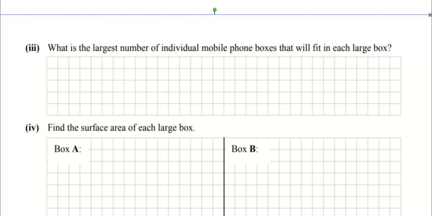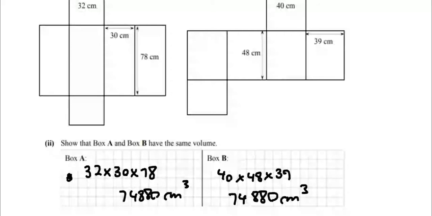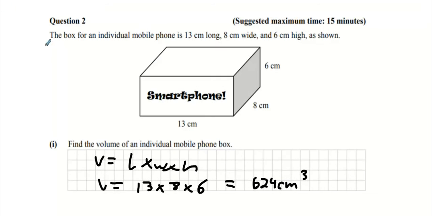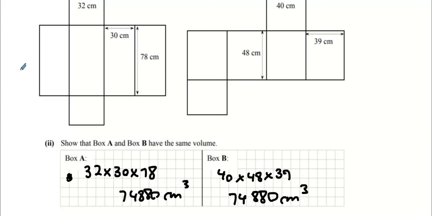What is the largest number of individual mobile phones that will fit into each large box? Well, we're assuming the phones are 13, 8 and 6. So you can do it two ways. I'm just making sure it fits in evenly. See 78. When you divide 78 by 13, you get 6.